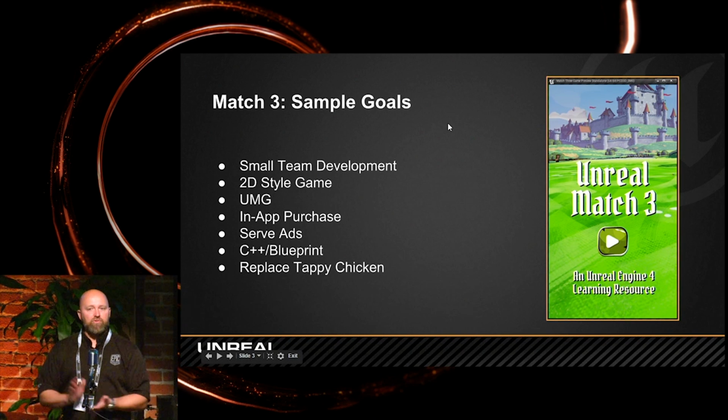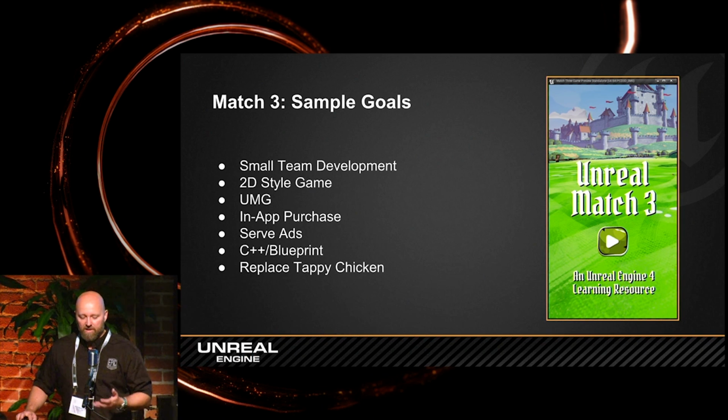Okay, so Match 3 is a new sample that we just put together, and we had a few different goals with this particular project. The first thing was an exercise in small team development. A very small group put this project together in a short amount of time. As I said, it's a 2D style game. We are going to showcase UMG, which stands for Unreal Motion Graphics.